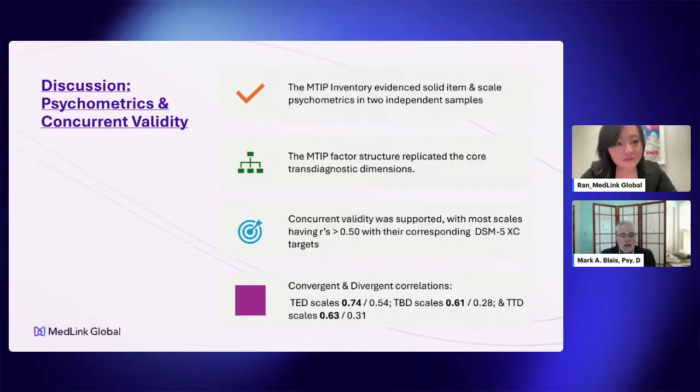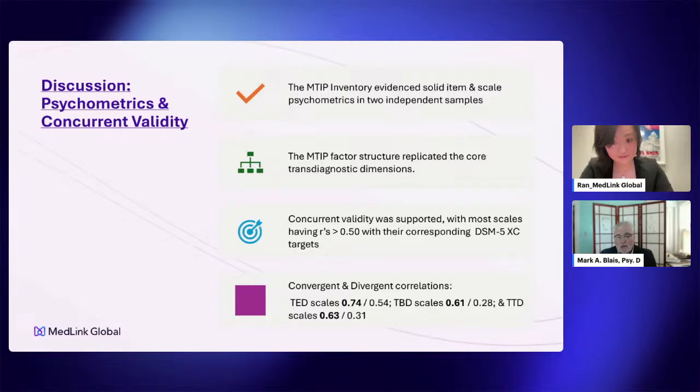The structure of the test also replicated across the samples and was a good reflection of the transdiagnostic core. The factor structure also replicated across the two samples, evidencing the core transdiagnostic dimensions.